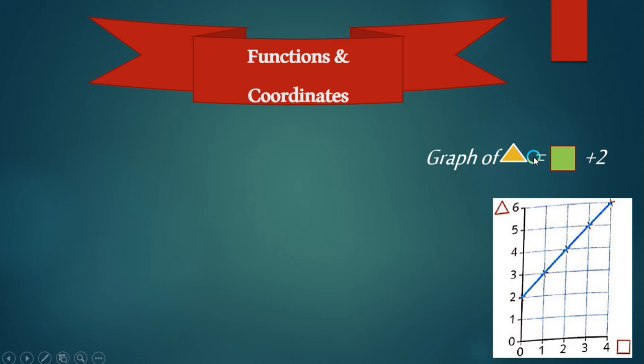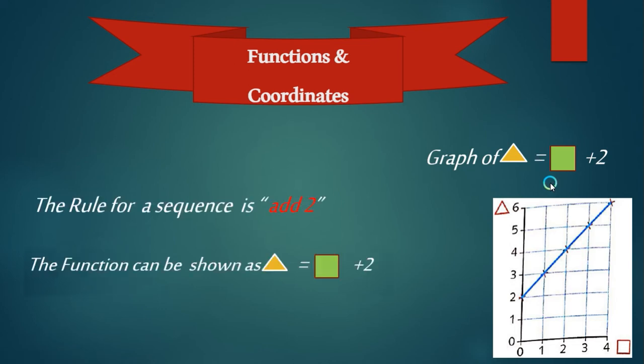So the rule of this sequence is add 2. Simply, I take each x and add 2 to find y. The function can be shown as triangle equals square plus 2.